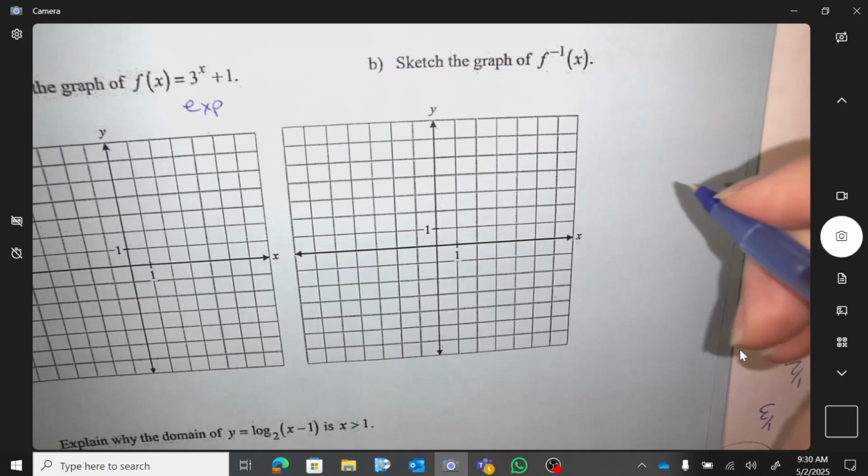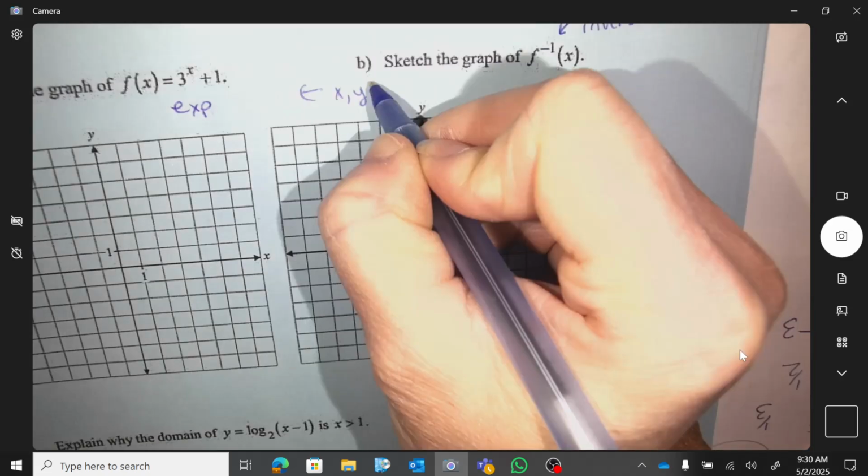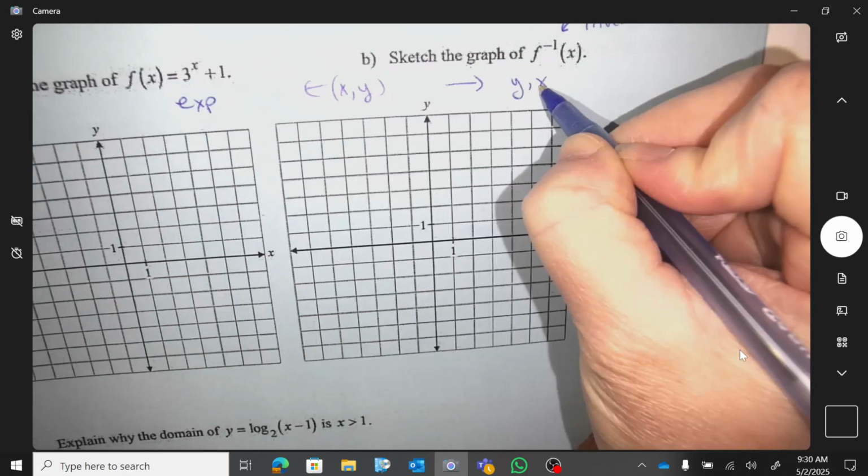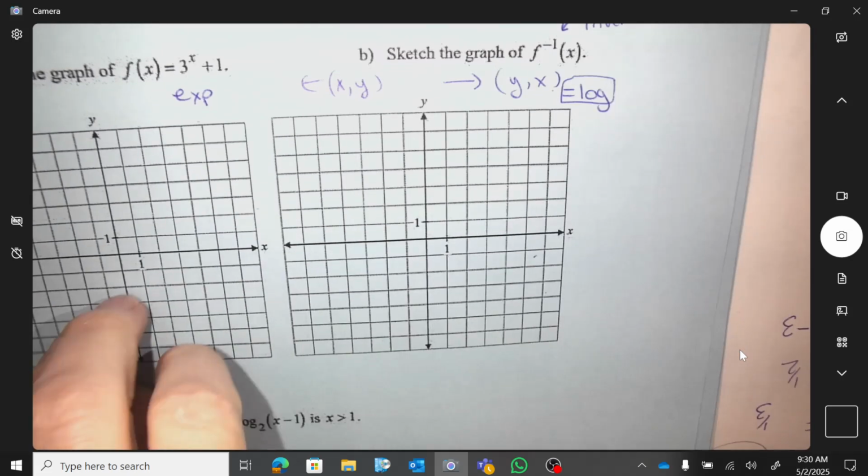Inverse. So how are you going to graph the inverse? You're going to take all the coordinates that you did on this, and what are you going to do to the coordinates over here? Switch them, okay? That's it. And once you've done that, what do you think your graph is going to look like? It's going to be some kind of log graph then, right? Because this was exponential. Graph it, figure it out, but then over here just switch the coordinates.